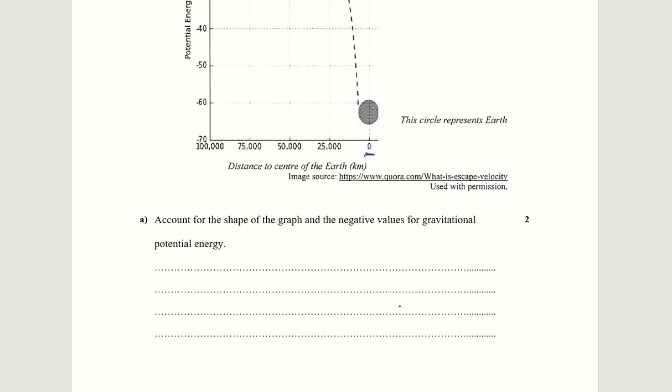So in question 1, it says account for the shape of the graph and the negative values for gravitational potential energy. Well, the formula for gravitational potential energy is U equals negative G M m over r. So that's the actual equation we have here.